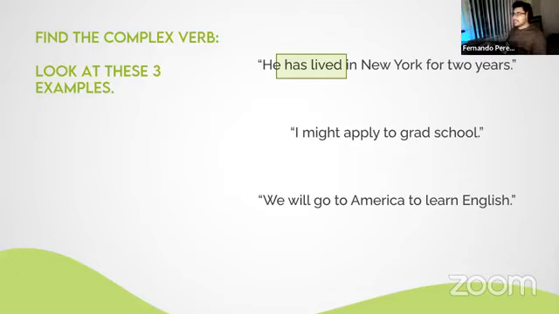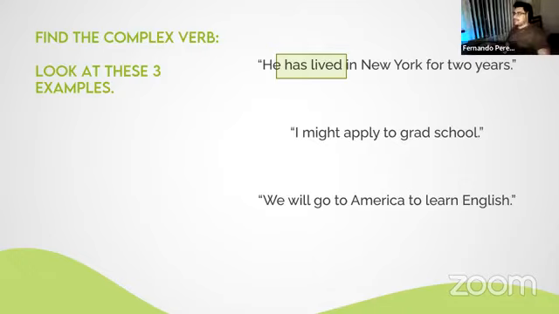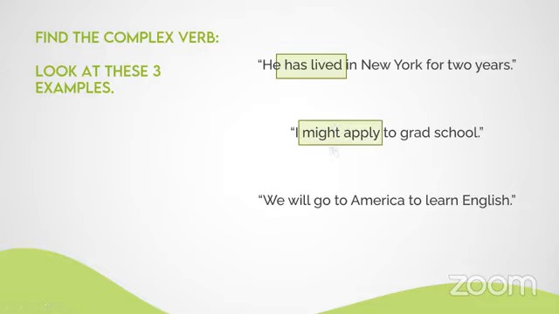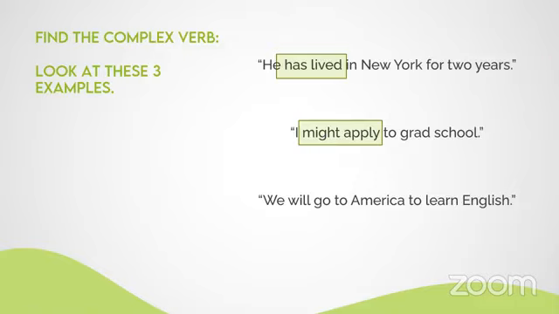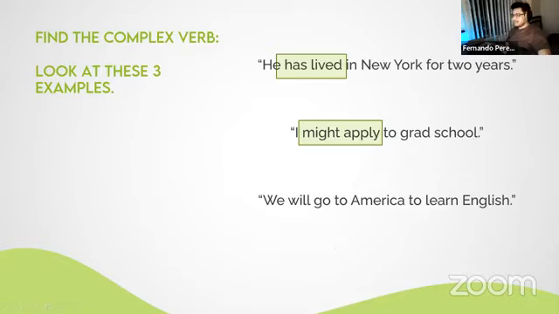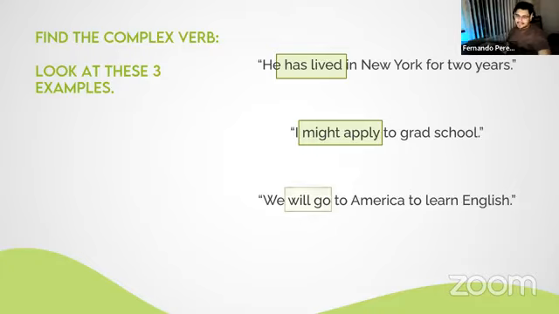That's incomplete, because it's might apply, including the modal. The modal is another auxiliary. Benji, what is the verb in the next one? Will go. That is totally correct, including the modal again.